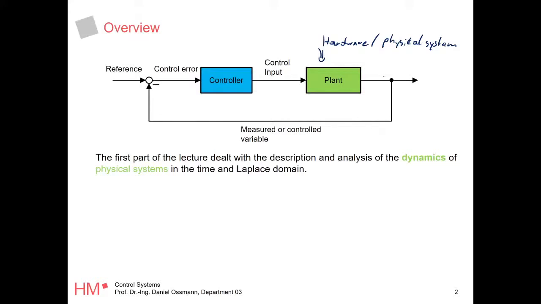We have some measurements, and we take the measurements and feed that back and compare it to the reference. If this is your espresso machine, you measure a temperature and you compare it to a desired temperature. And the control error gets into the controller, and the controller creates a control input, as you have done hopefully with the espresso machine. So you should know what a control loop is, right, by now.